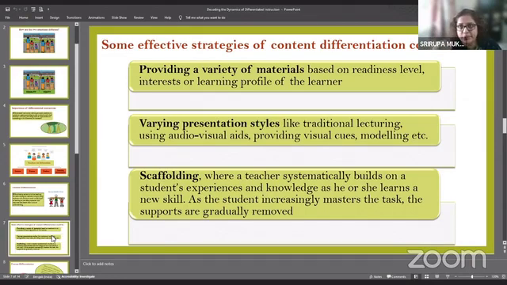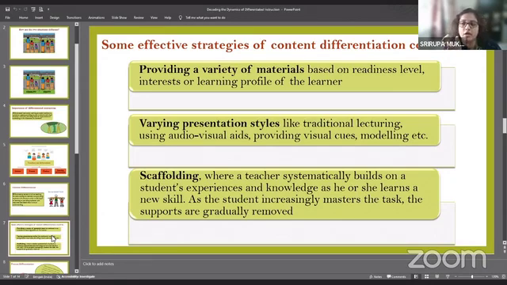And differentiation, we have to remember, is something that is very dynamic. Even when we are adopting differentiation strategies, we should not think that there is a well set template, that the same method of differentiation is going to work every time. So that is again something that we have to keep varying.